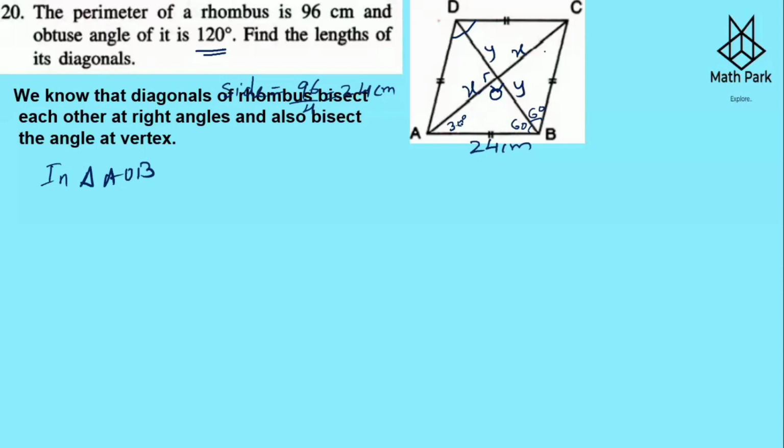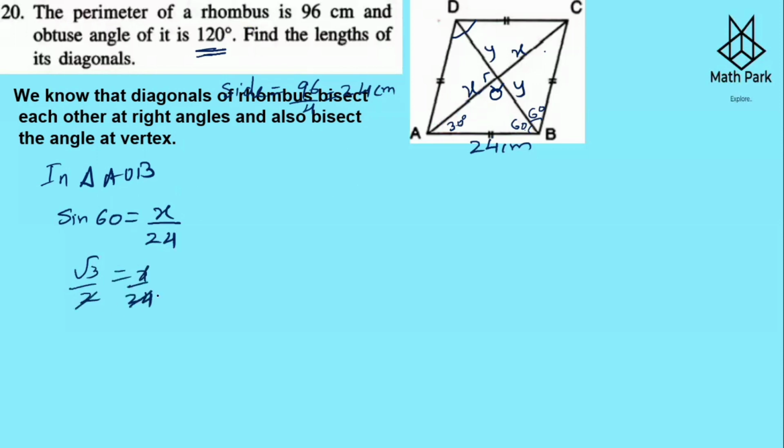We will be using the angle 60. If I have to find the opposite, we will be using sine 60. So sine 60 is equal to opposite, which is x, upon hypotenuse 24. Sine 60 is root 3 by 2, equal to x upon 24.